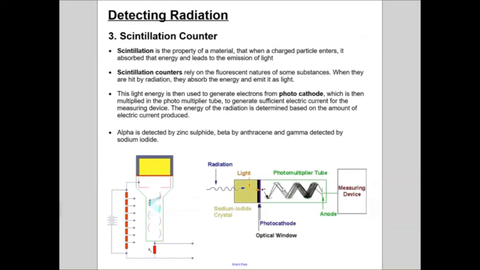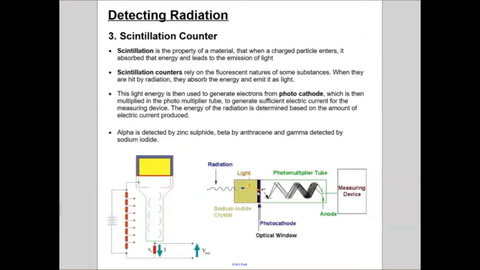The photocathode acts like a photo detector, or for analogy, I could give you an example of solar panels. When the light falls on the solar panel, some electrons are produced, or basically, you could produce electricity. Similar type of thing is happening at the photocathode. So when the light generated by this scintillator hits this photocathode, some electrons are produced.